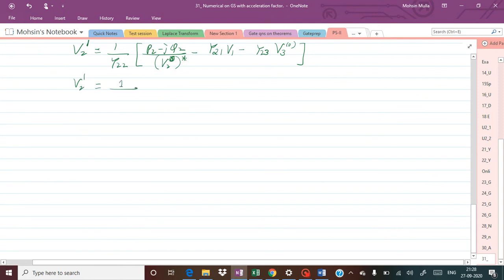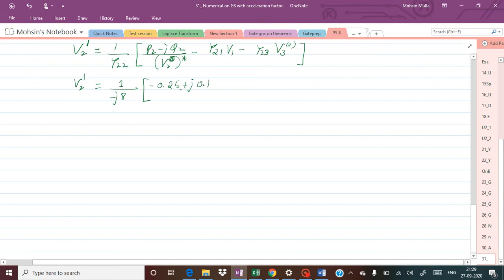Okay, so now substituting the values of all these parameters here. Y22 we have already obtained as minus j8. You can check in the Y bus matrix. Therefore P2 we have calculated, which is minus 0.25, plus j0.1.